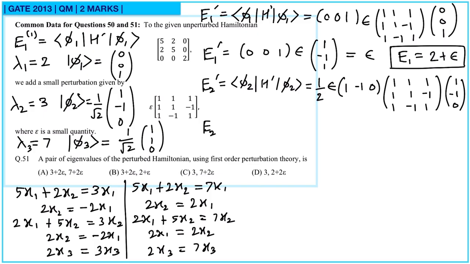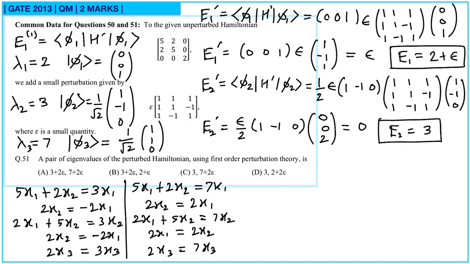So E2 dash will be epsilon by 2 is there. Then 1 minus 1, 0. Now multiply this 1 into minus 1. This is 0. So first will be 0, then 1 into 1 minus 1, this will be 0, 1, 1, 1, 2. Now this will be 0 only. So second energy term E2, this will be, originally it is 3 plus 0, so 3 only.